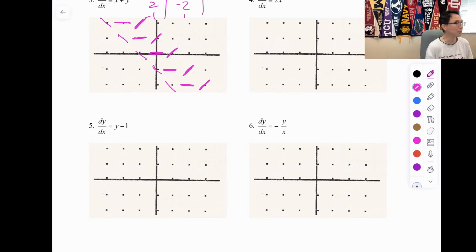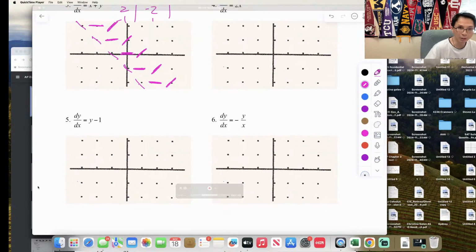Do you guys remember the movie Hidden Figures? Yes, I love that movie. Do you remember when she talked about Euler's approximation? Yes, that's the movie. So let's go look it up.